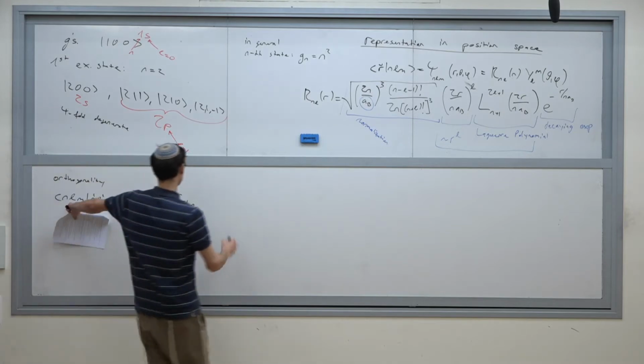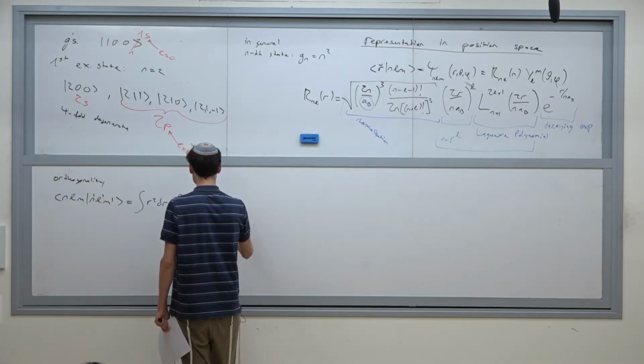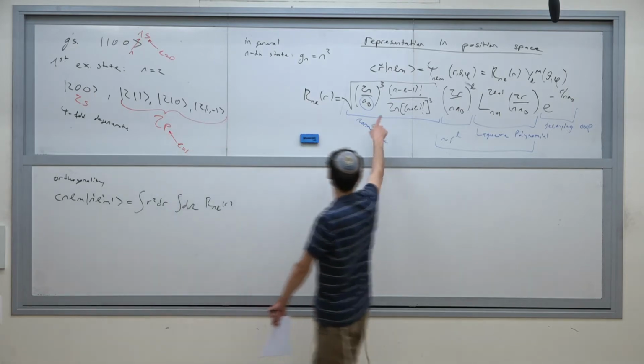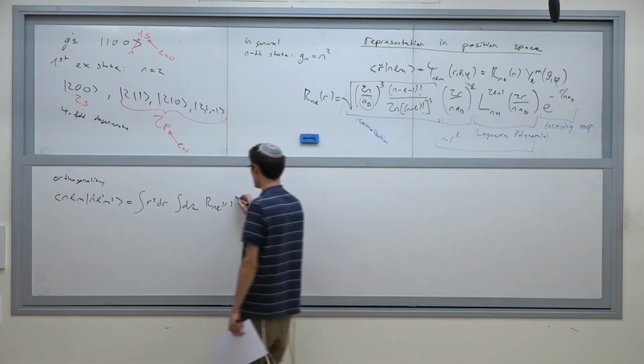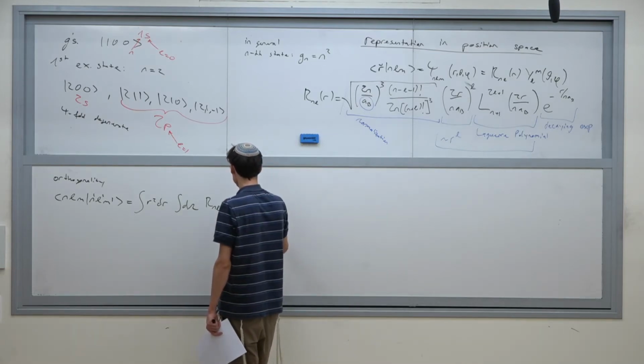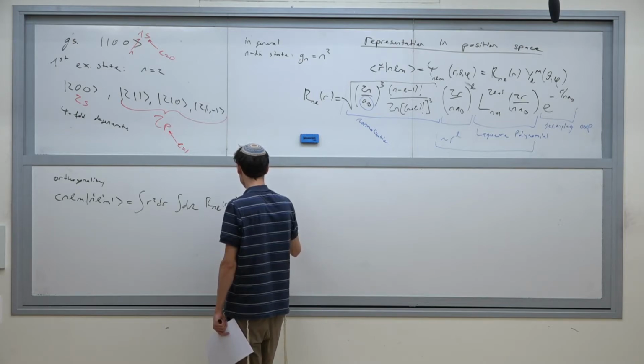Then this nlm needs a complex conjugate. So there's this R_nl of r. It's a real function, as you can see, so there's no complex conjugate to take. But the Y_lm that follows is a complex function. So here I take the complex conjugate.